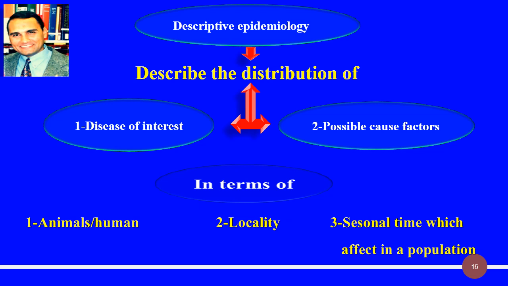Time. Occurrence of disease changes over time. Some of these changes occur regularly, while others are unpredictable. Some diseases may occur during the same season each year, including foot and mouth disease and respiratory manifestations, or in humans, flu in winter and West Nile virus infection in August and September.